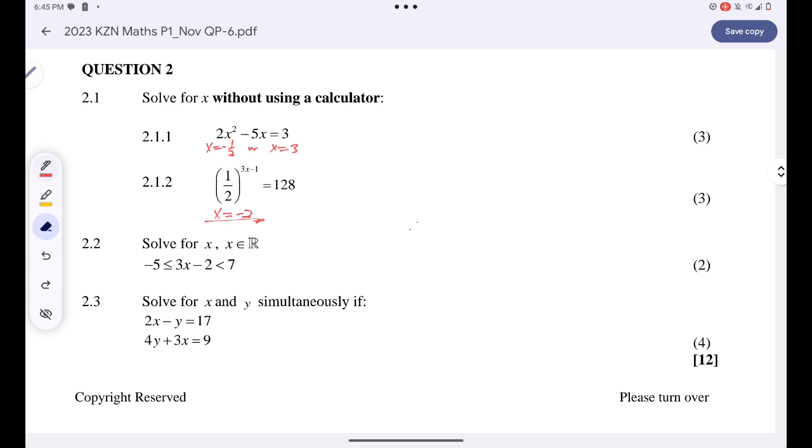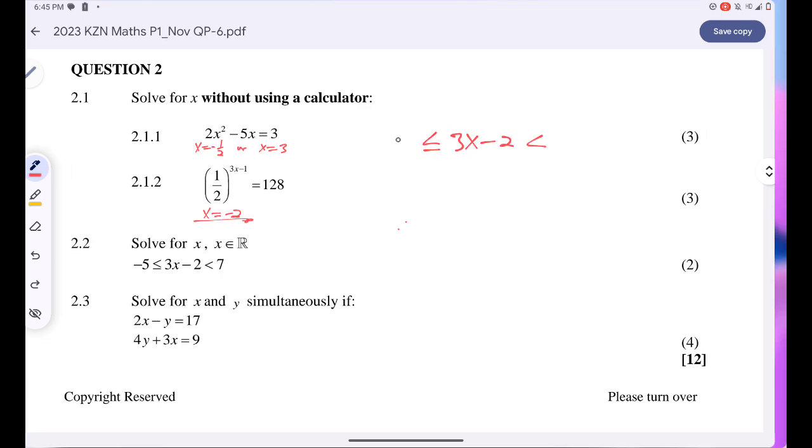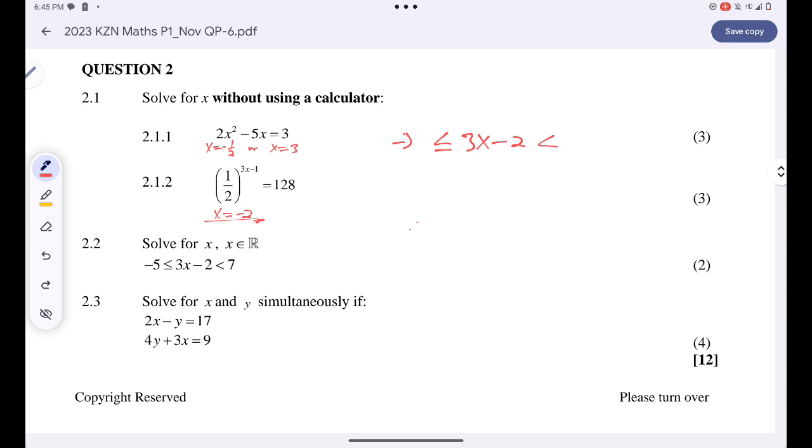I'm supposed to solve x, and I'm given an inequality. I have 3x minus 2 being between negative 5 and 7. Since I'm solving x, it simply means that here in between, I'm supposed to be left with x only. Are you together?